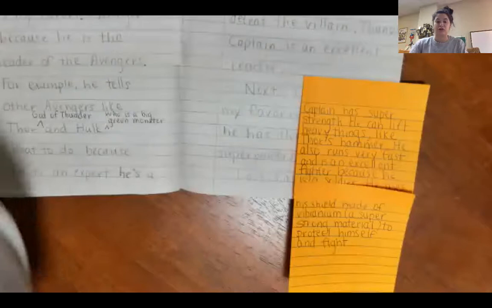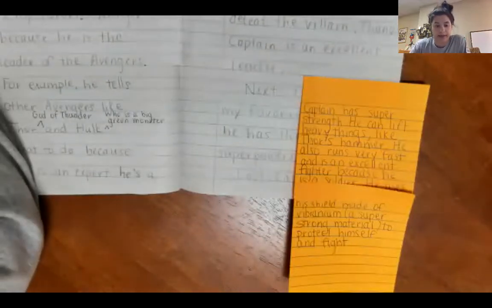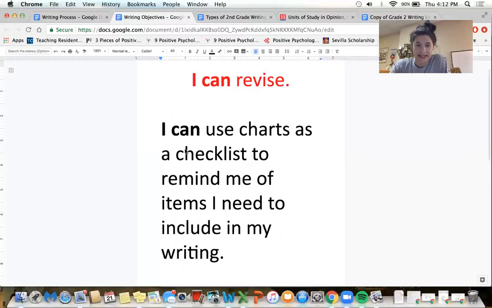Make those revisions all throughout. Let's recap one more time to review our goal, and I'll quickly recap those steps in case you missed them. Okay, we're still revising. I can use charts as a checklist to remind me of items I need to include in my writing. And here are our checklists.